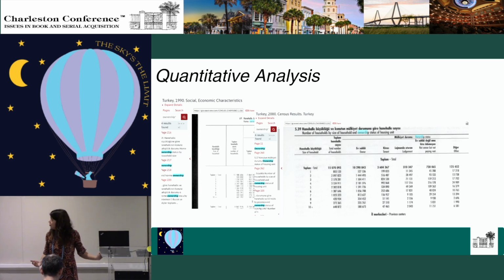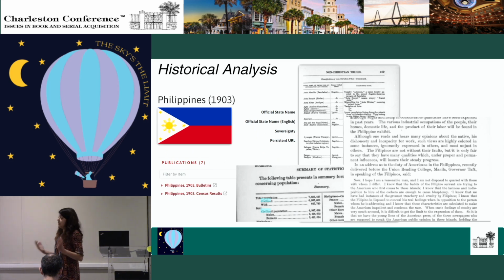But as I mentioned before, that's not all. There is the historical analysis, and this is the part where I get myself lost in looking at the archive. I click on one link and find a PDF, and then that leads me to another PDF, and then I find different government notes or historical details.